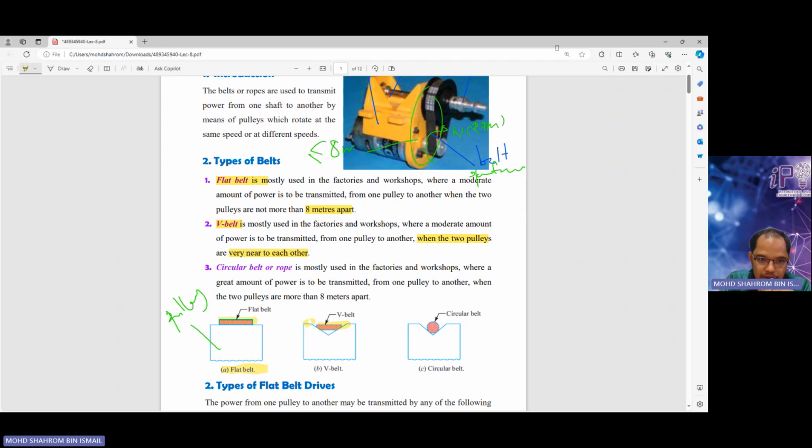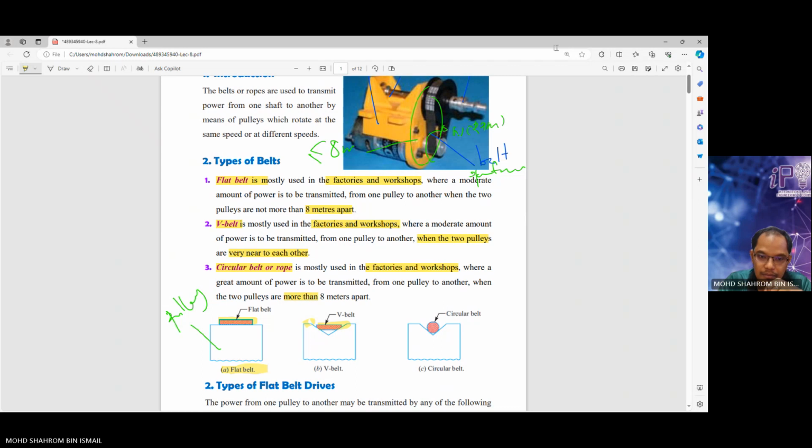Number 3 is the circular belt or rope. It is mostly used in factories or workshops. Same goes here for the application. A great amount of power is being transmitted from one pulley to another, and the two pulleys are more than 8 meters apart.